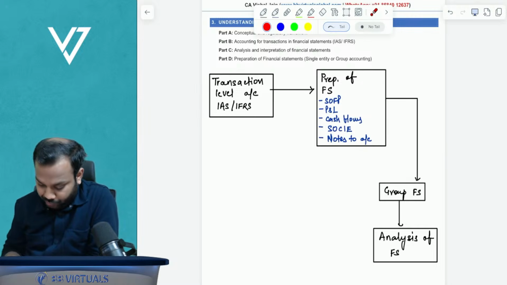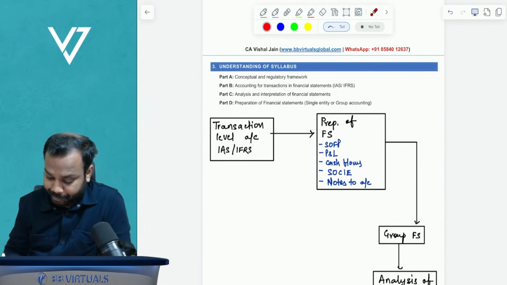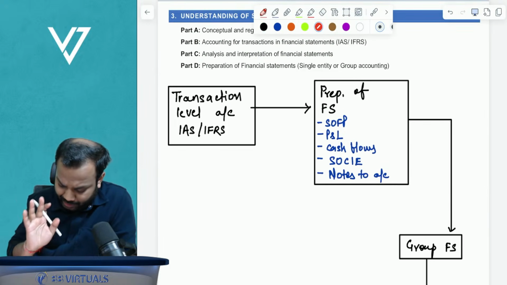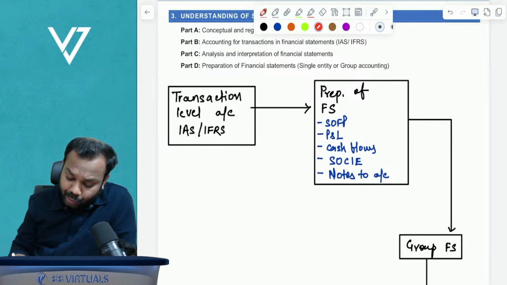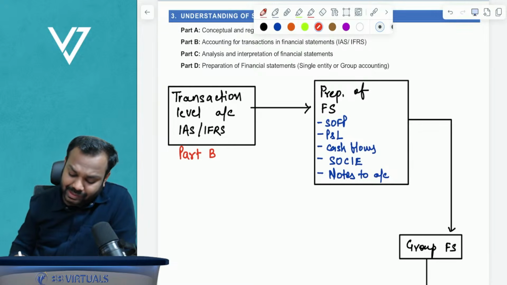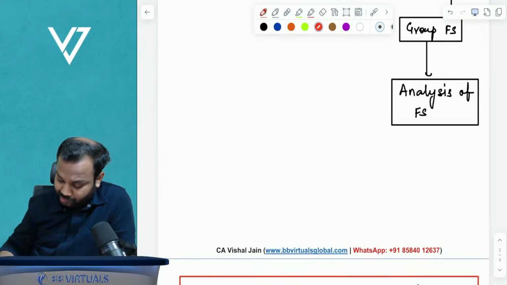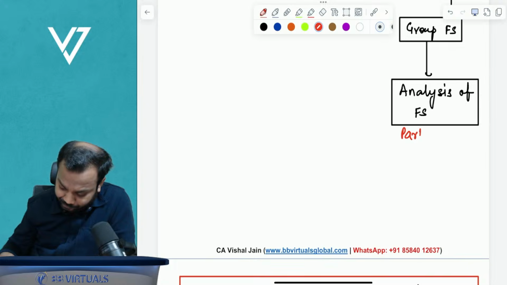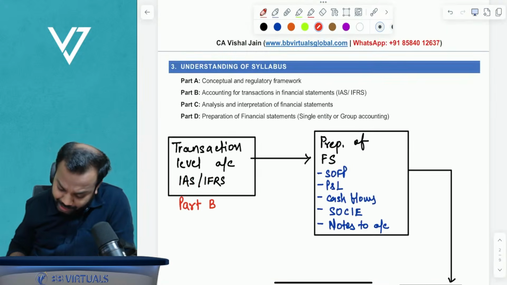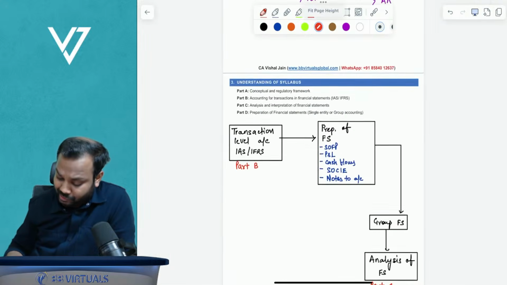Wonderful. So now let us map the syllabus. Part A, let's leave it. Part B, accounting for transactions. Part C is your analysis of the financial statements. And then comes part D, preparation of the financial statements.